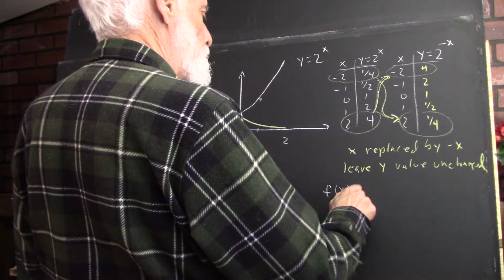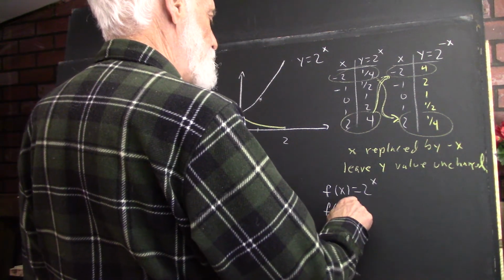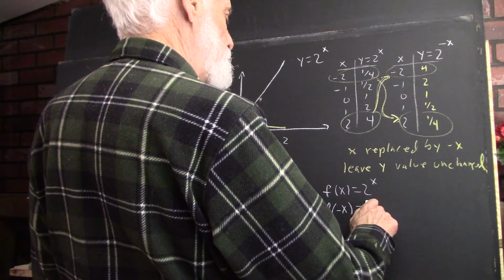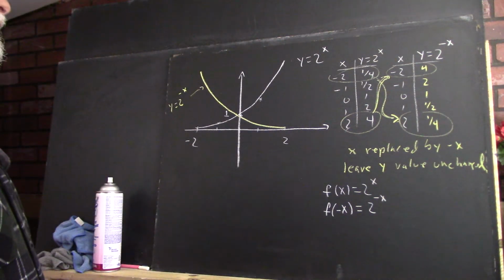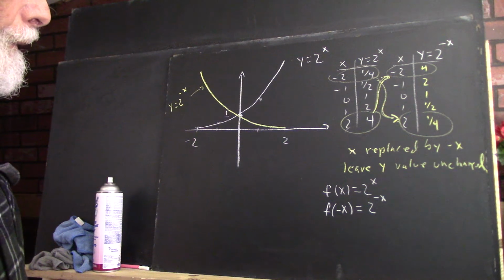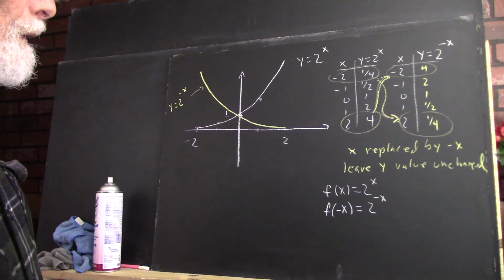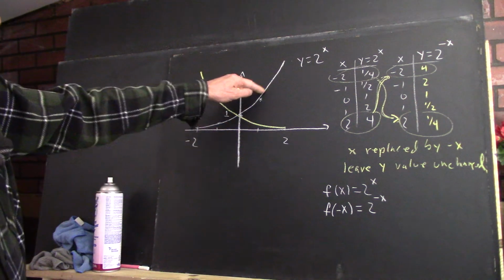If f of x equals 2 to the x, f of -x is 2 to the -x, and you have this symmetry.